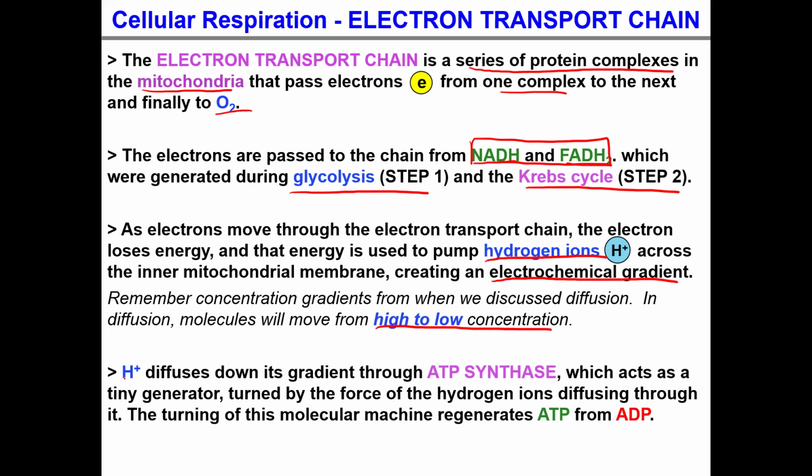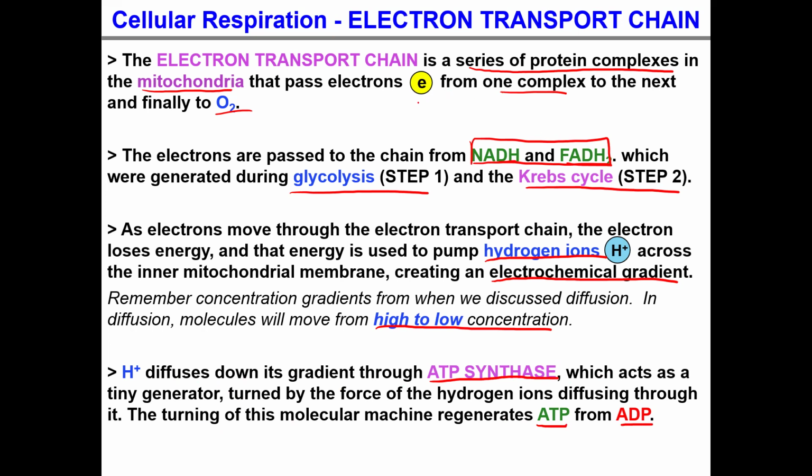So our H+ is going to diffuse down the gradient through something known as ATP synthase, which acts as a tiny generator turned by the force of the hydrogen ions diffusing through it. This turning of the molecular machine generates our ATP from ADP.